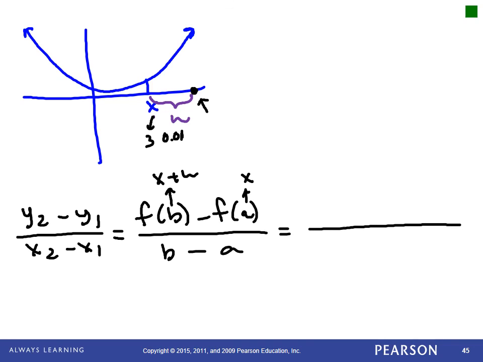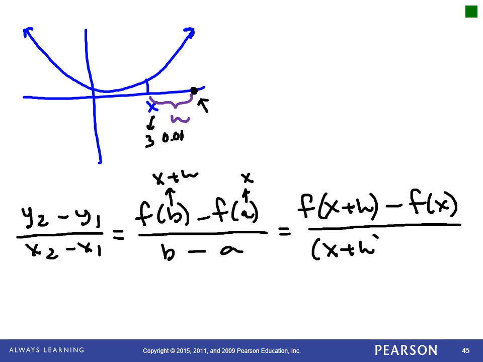So now on top, this is going to be f of whatever our starting point is plus little h. Subtract what our original starting point was in the first place. For the bottom, looks like we have x plus h minus x, right? Can we simplify that just a little bit more? Not the top. Can't simplify the top at all.